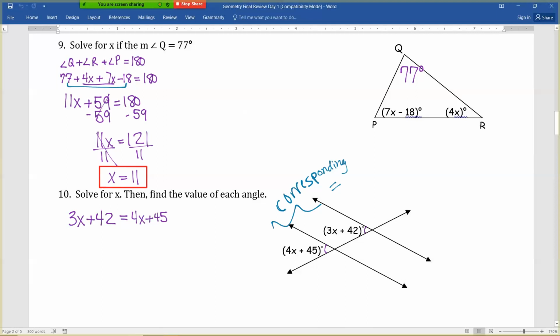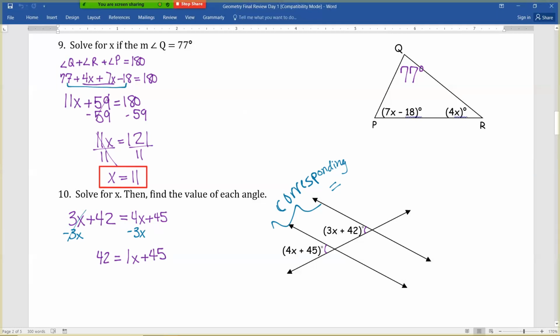To solve this, I would first of all subtract 3x from both sides to cancel this one out, leaving me with 42 on the left. On the right side, 4x minus 3x, 4 minus 3 is 1. Haven't done anything with the plus 45.